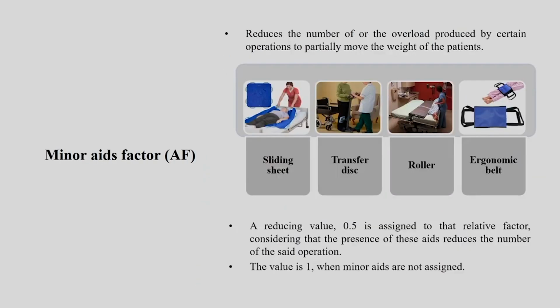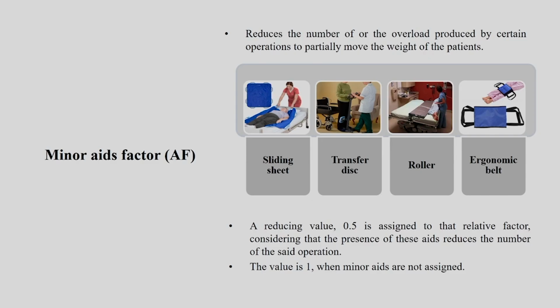Now, minor aids factor. Once you understood how you are lifting, then what are the aiding factors? Of course, if you have some mechanical aid or some helping aid, definitely it is going to reduce the stress level, reduce the impact level. So, we are going to consider that.